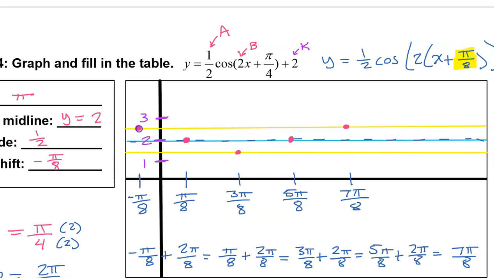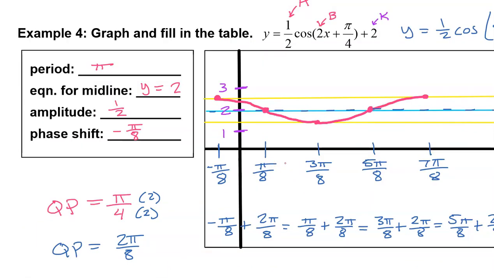So the cosine graph will look something like this. Whoa, got a little crooked there at the end, but you get the idea. So that's how you graph a sine and cosine function with a new period, midline, amplitude, and phase shift.